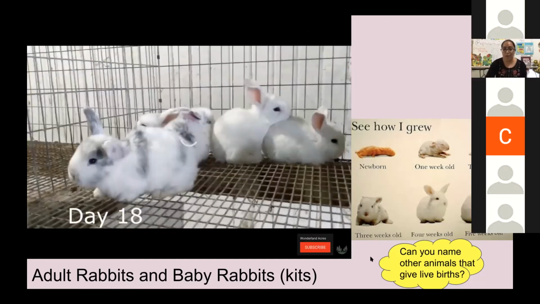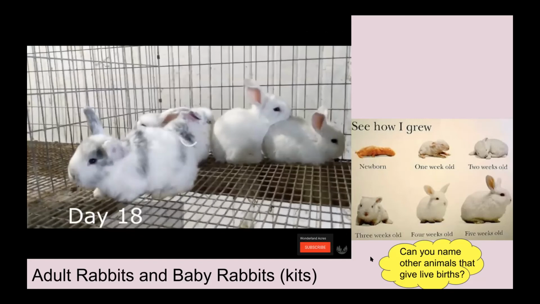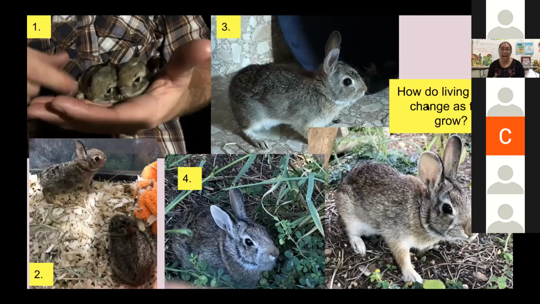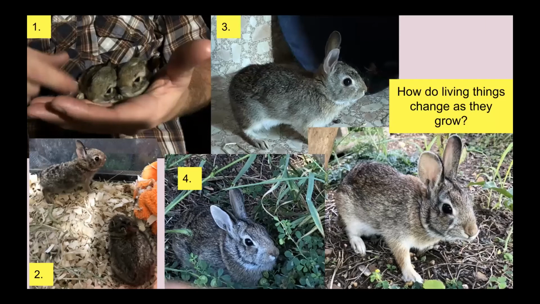So that's an example of an animal that gives live birth. Wild cottontail rabbits. They were found as babies.